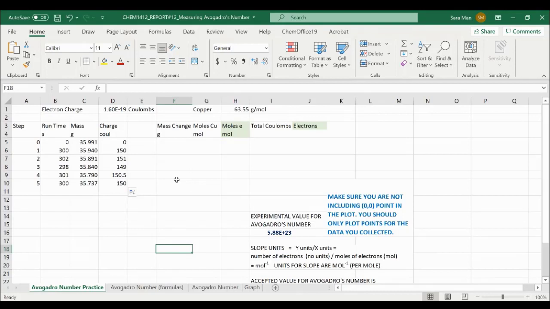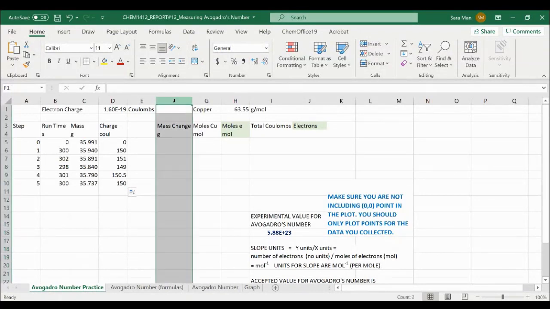One important thing, please note that the mass changes, the total times, and all the associated values are cumulative. Please remember that. So we will compare each value in step 2, 3, 4, 5 to the start, to step number 0, instead of comparing with individual steps, because we are drawing a graph. So all the values have to be cumulative.